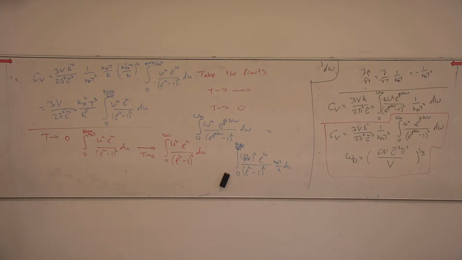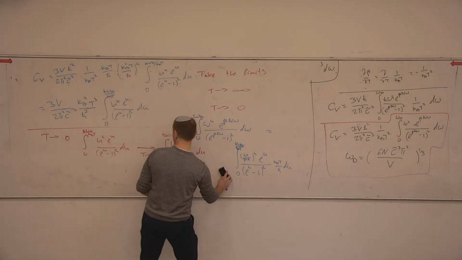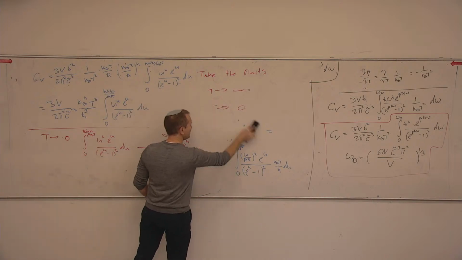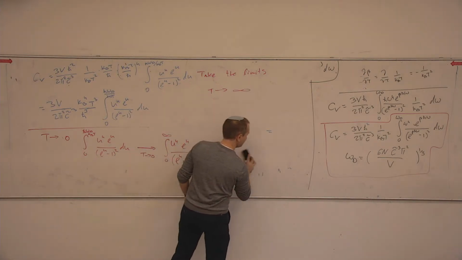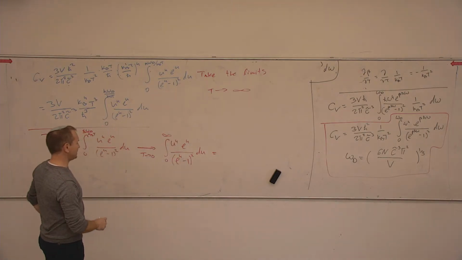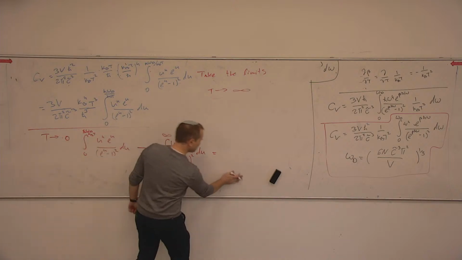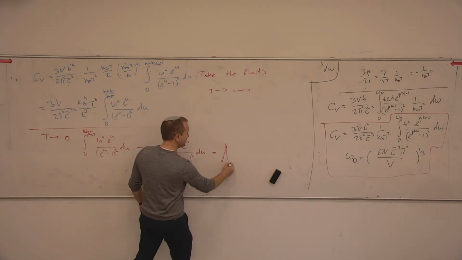Does it depend on the temperature somehow? Actually not, right? So what is this integral? We can compute it by parts. I don't have time to compute it, but let's call it a number, a.